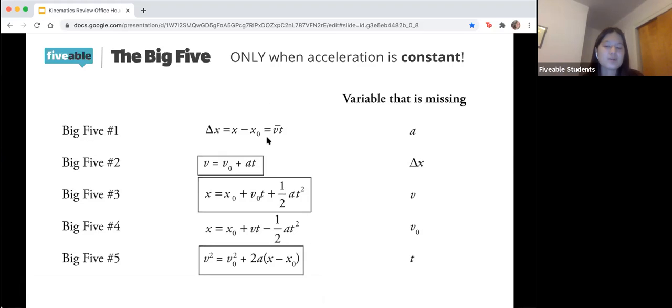That one's simple. It's really important that these equations only work when acceleration is constant. If the acceleration keeps changing, right? Because we've set a as one value, one number. If a keeps changing, we can't just keep changing the a because then the entire equations change. So it's really important.